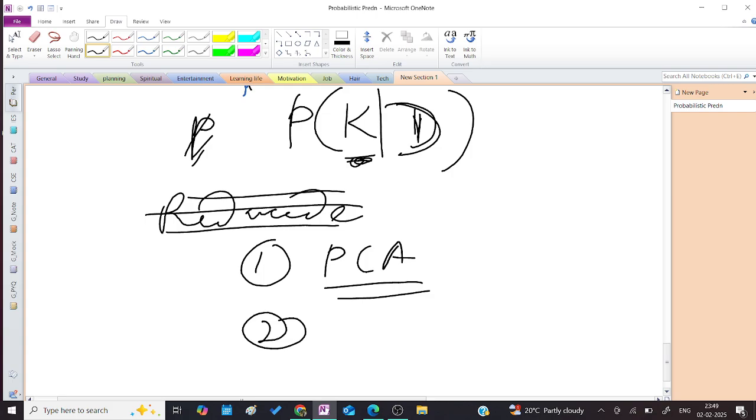And if we don't reduce the dimension, then you may suffer with extra computation. Okay, so this is also known as the curse of dimensionality.